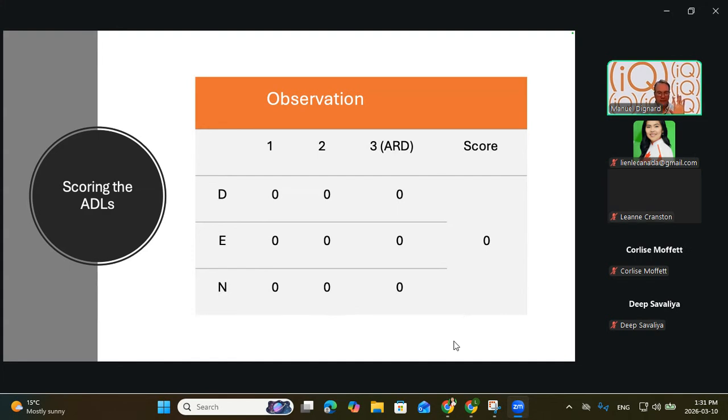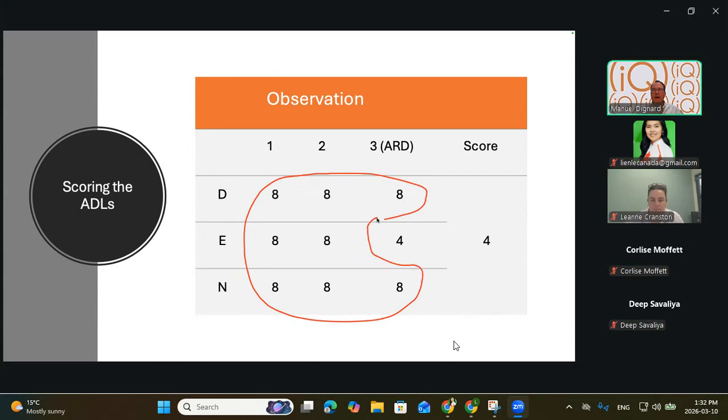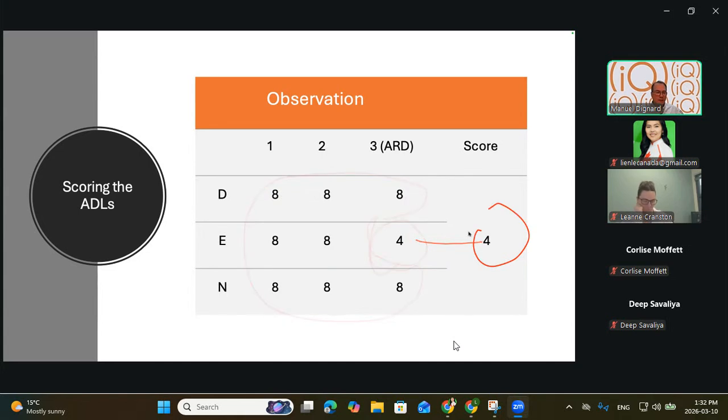So the only way you end up with a 0 is with zeros or zeros and 8s. So this is an example of it only happened once. Because all of those other events were 8s, it only happened once. So you end up with the score of that one event.